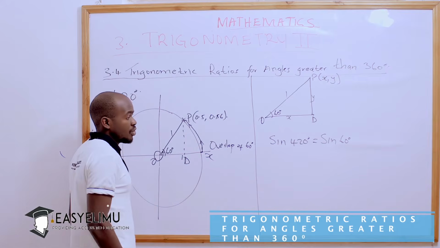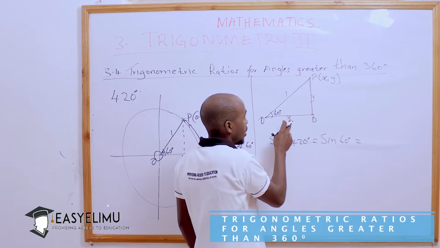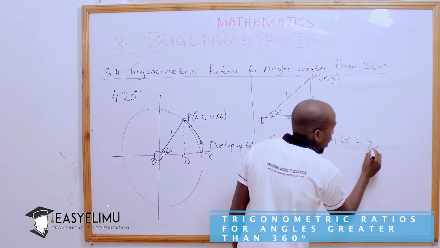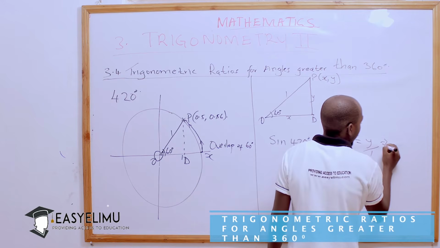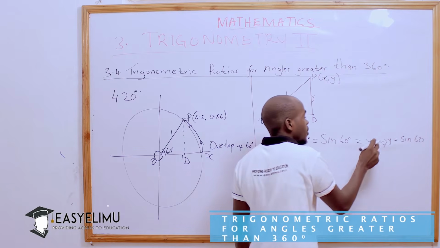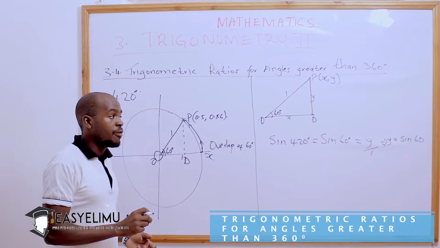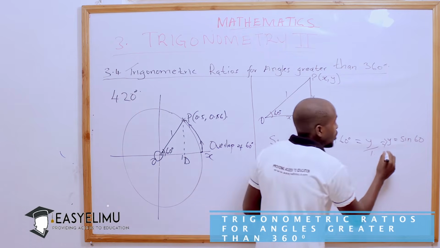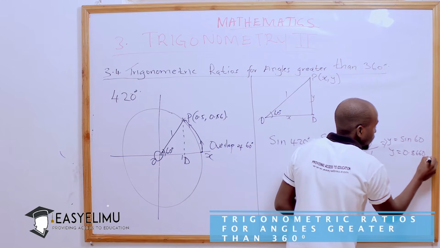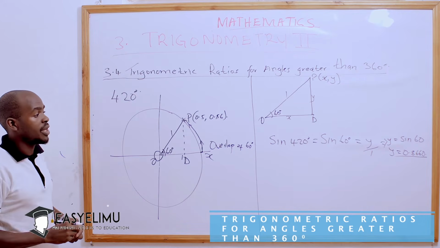On calculation, sine 60 will be y over 1, which means y equals sine 60, because if you multiply both sides by 1, you just get sine 60. So sine 60 is going to give you 0.8660 to 4 decimal places.